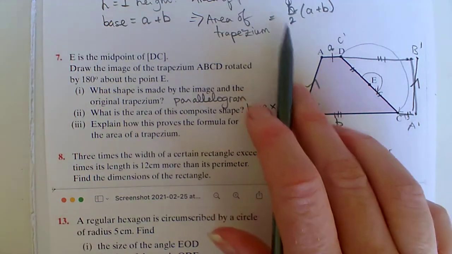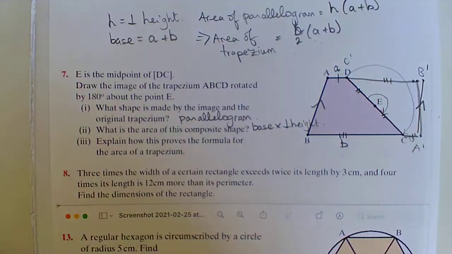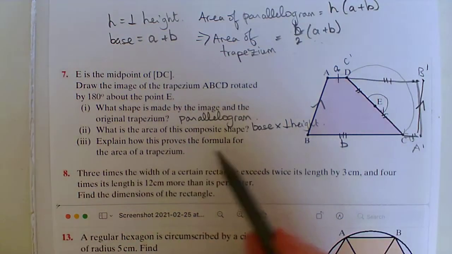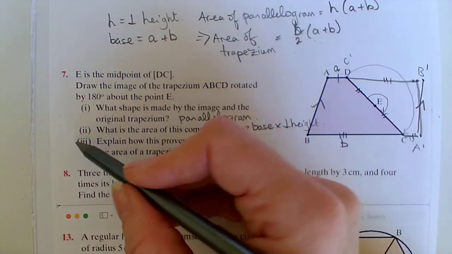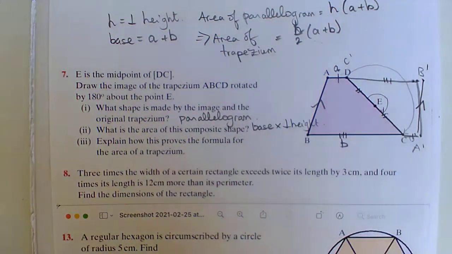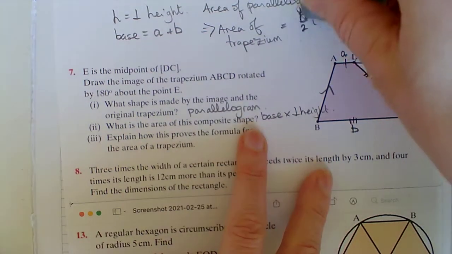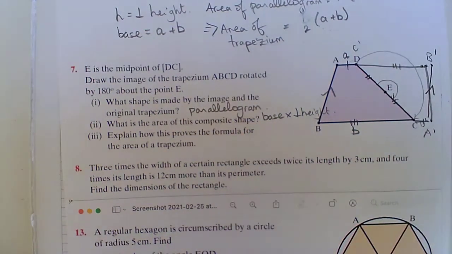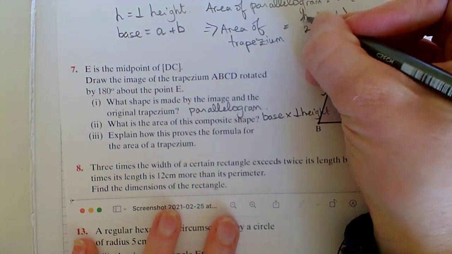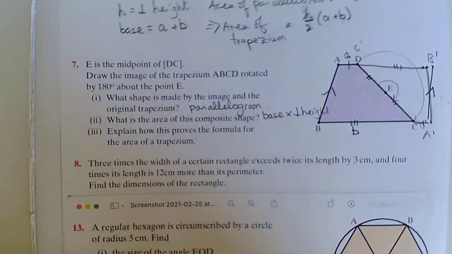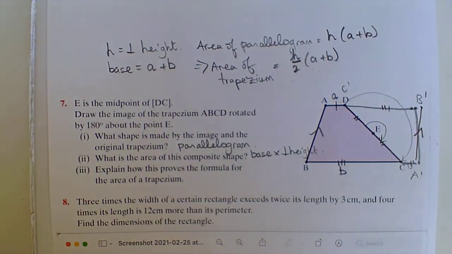Sometimes we put the 2 under the h, sometimes we put the 2 under the a plus b. So in terms of explaining my formula, that's my explanation there, the maths that's done there. Let me just make that a little bit clearer. My h there is a little bit blurry. So the area of the trapezium is half the area of the parallelogram, and that's where we get the formula from.